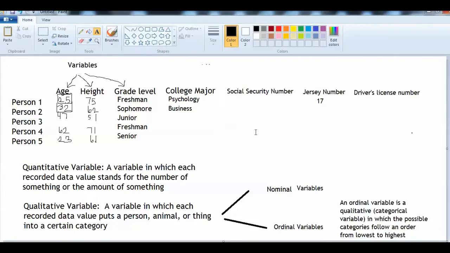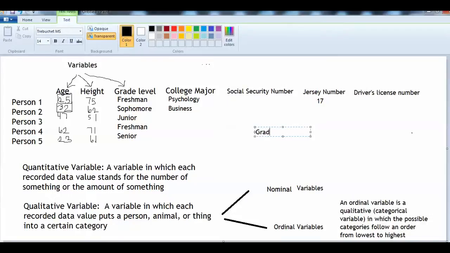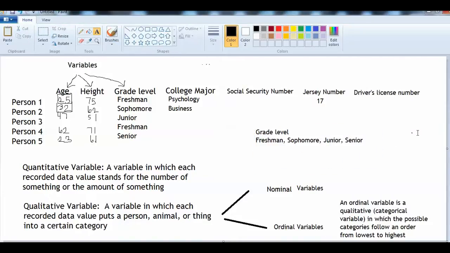In college, you have freshman, sophomore, junior, and senior. The possible categories follow in order from lowest to highest. So it's an ordinal variable. Socioeconomic status.